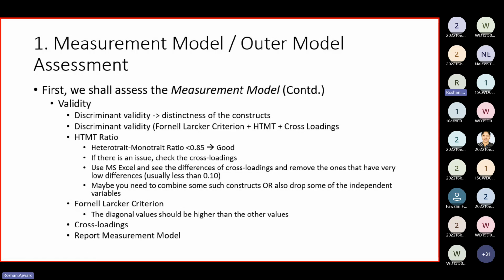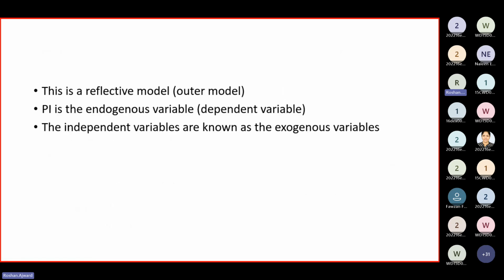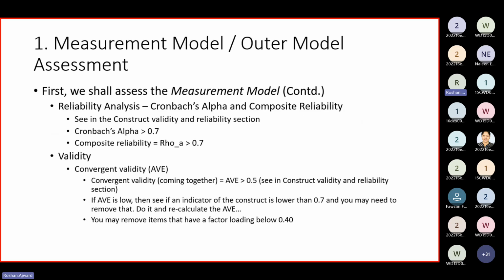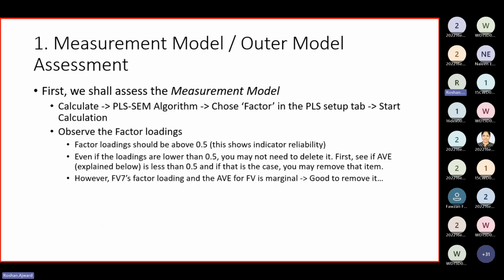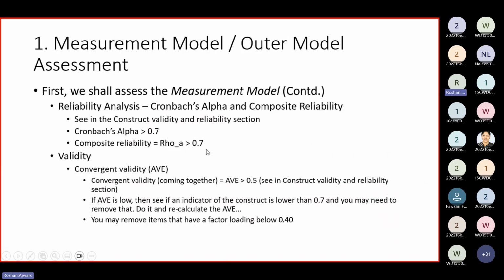Up to now, I taught you three things. Number one, how to check reliability. Even before that, I told you to look at the factor loadings, which give the indicator reliability, whether the indicators are reliable. It has to be above 0.5. Then I taught you construct reliability, the variables' reliability.